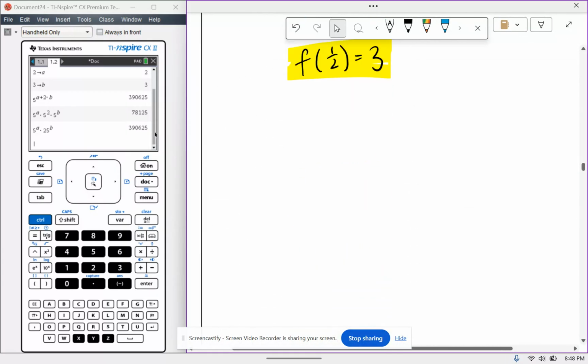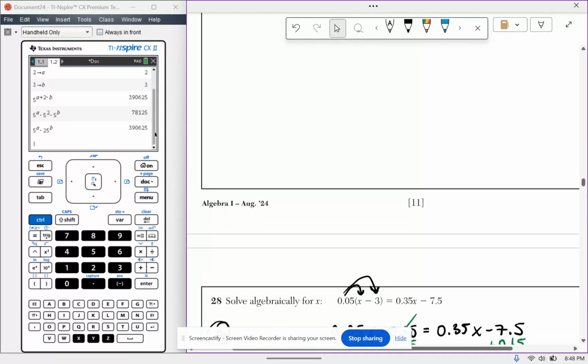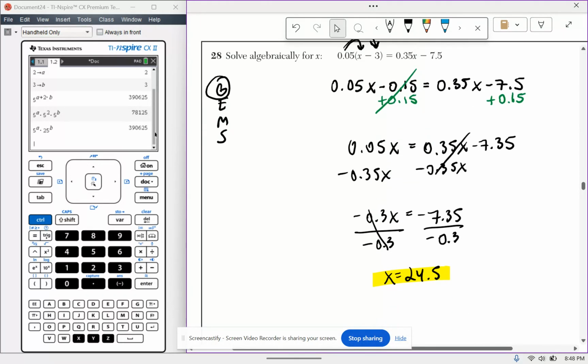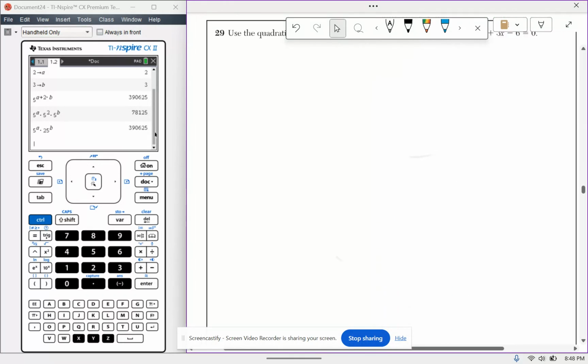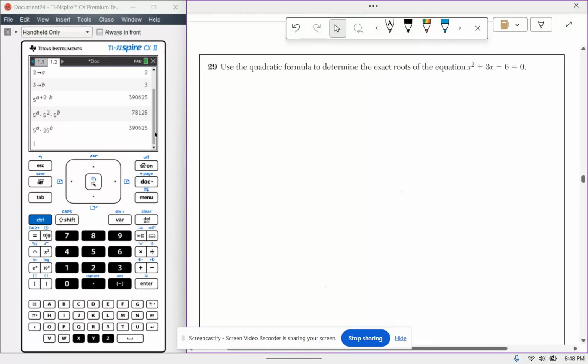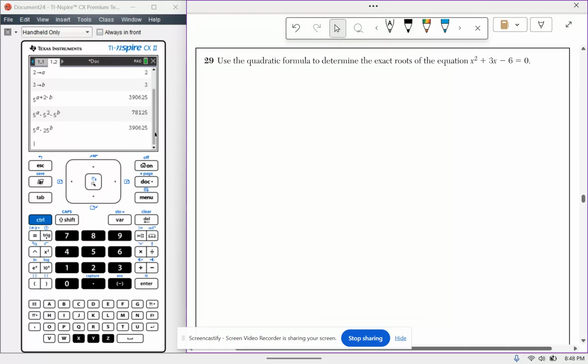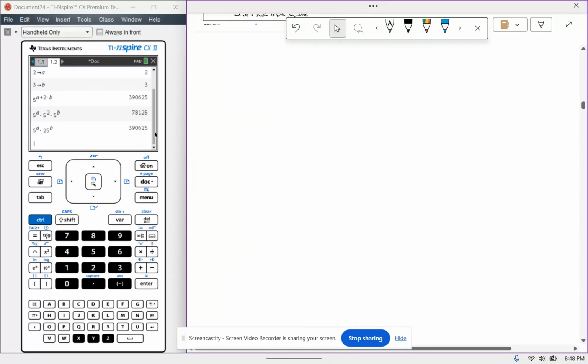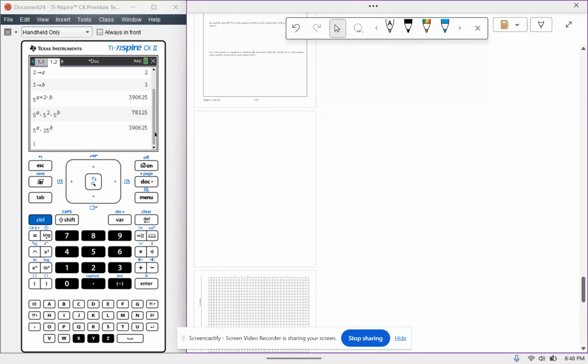Okay, now we're just going to do the remaining problems. It looks like we have to do 29, so let's go down to 29. It says use the quadratic formula. If it says use the quadratic formula, you better be looking at your reference sheet and copying down the quadratic formula exactly the way you see it.